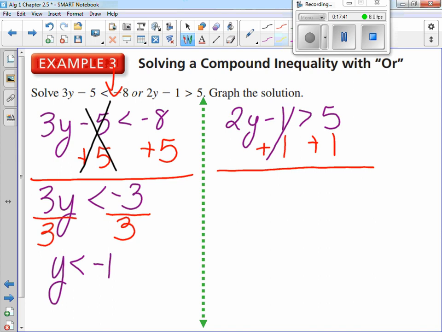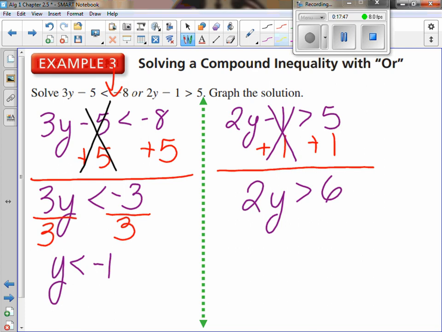Because negative 1 plus 1 would give me 0. And we'd have 2y is greater than 6. Then what do we do? We divide by 2. And we get y is greater than 3.